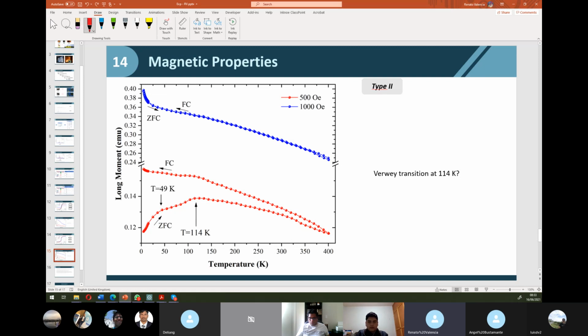The 114 Kelvin could be the Verwey transition of magnetite, because in this sample we have magnetite. The Verwey transition is around 125 Kelvin. But for the other transition, I'm still working on these measurements to determine what causes the magnetic phase transition in this sample. Also, I need to understand the superparamagnetic behavior of the type 2 sample.